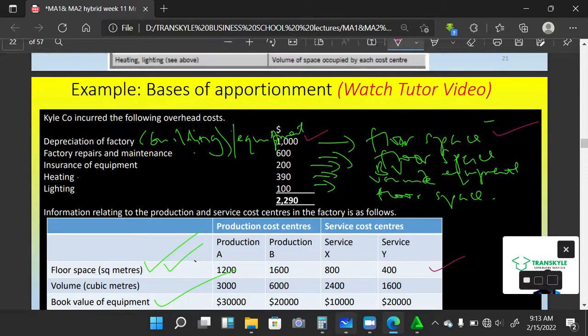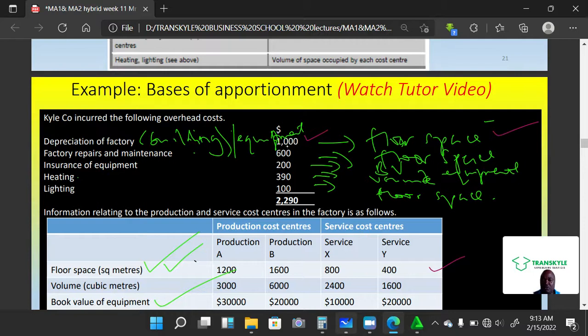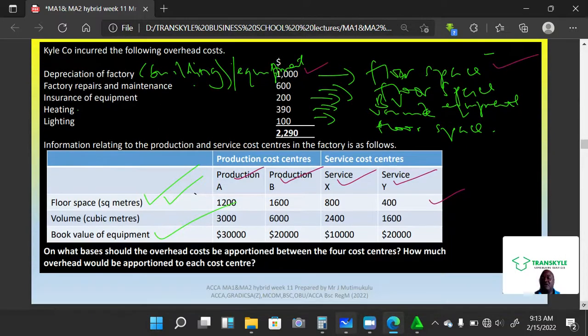Because we want to apportion this 1,000 among production cost centers A and B and sales cost centers X and Y. So how do we share it?